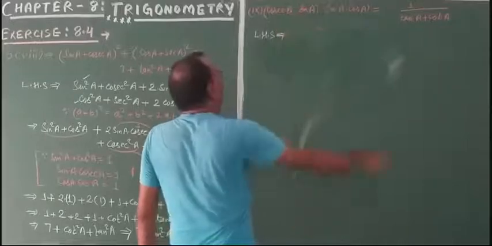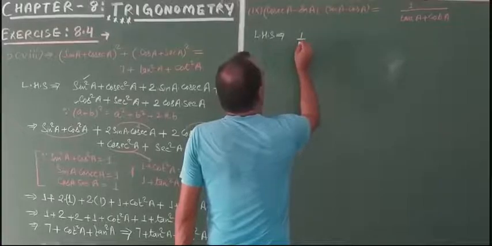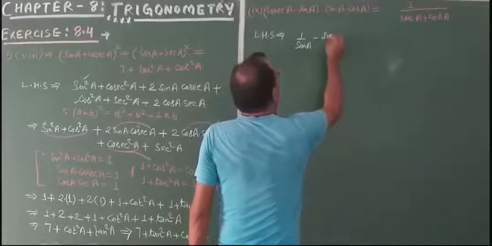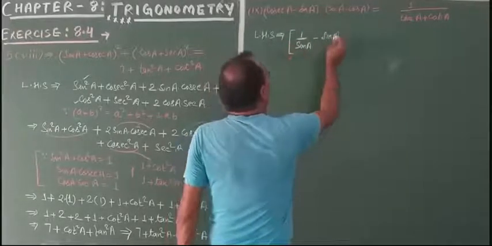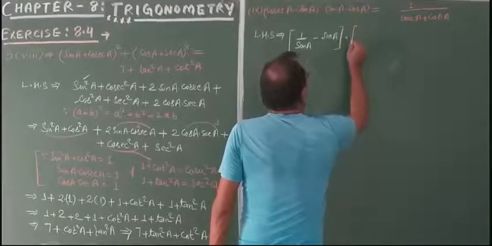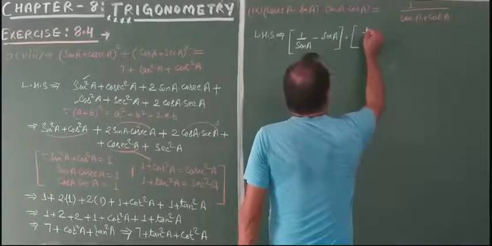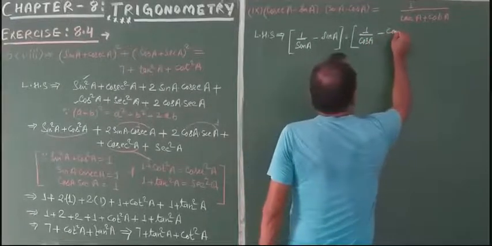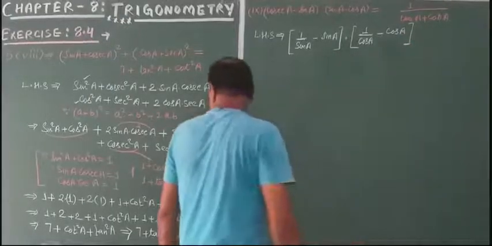I am writing cosec A as 1 upon sin A, 1 upon sin A minus sin A. This is the first bracket, and look in the second bracket. This sec A I am writing 1 upon cos A minus cos A.